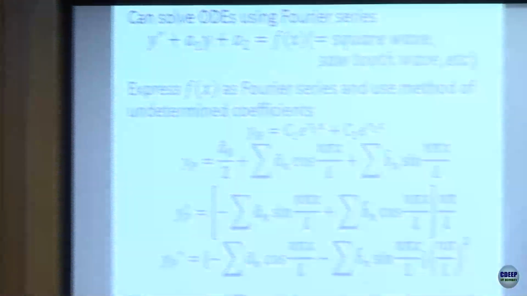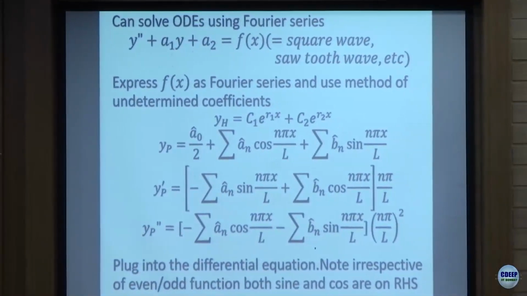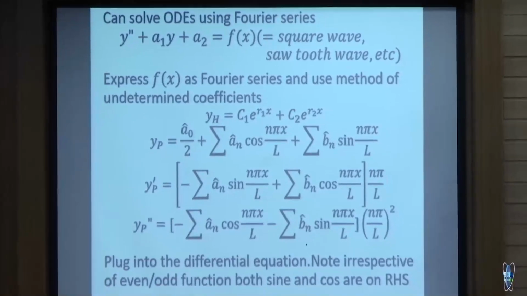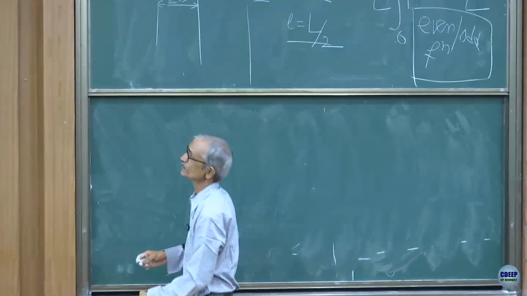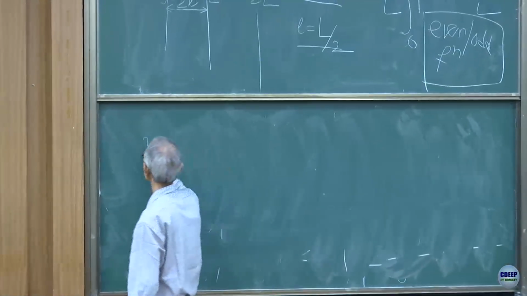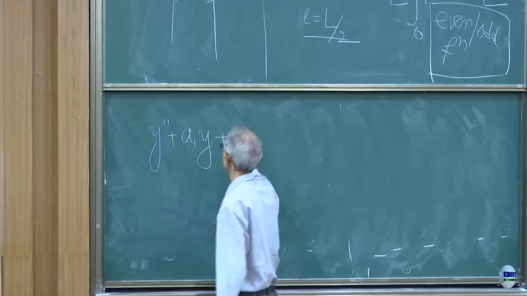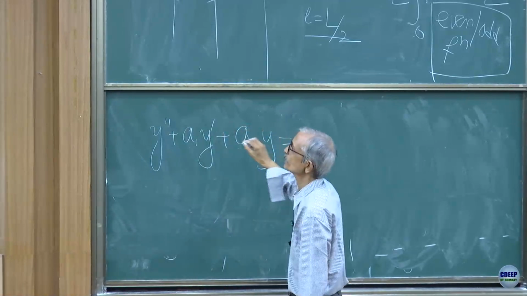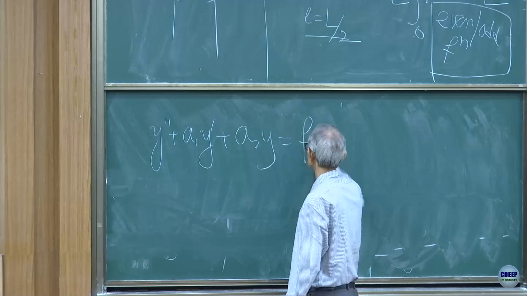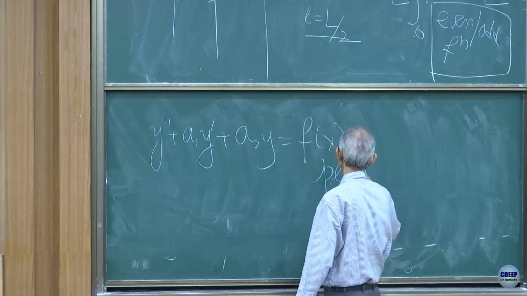So I've got an ODE and we would like to solve this ODE. A simple ODE, y double prime plus a1 y prime plus a2 y is equal to f(x), and now this is a periodic function.